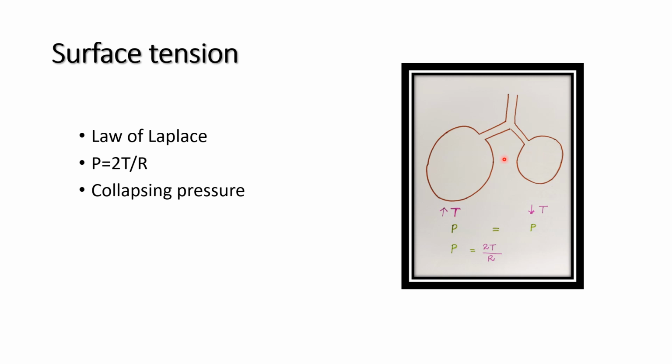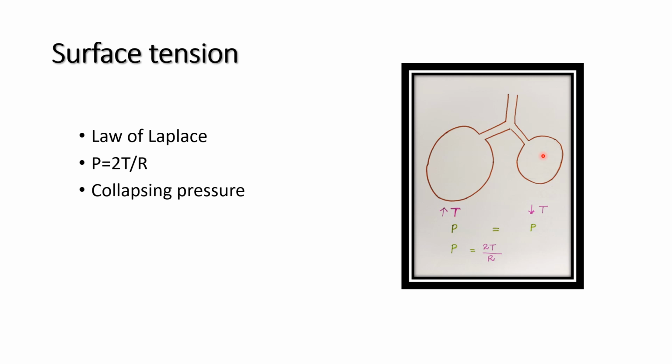Since the tension is equal on both sides, the smaller alveolus is more prone to collapse, because its radius is very small while the other radius is larger. So the collapsing pressure is more in the smaller alveolus. The smaller alveolus collapses and air enters the larger alveolus, which will not produce adequate perfusion or adequate ventilation.